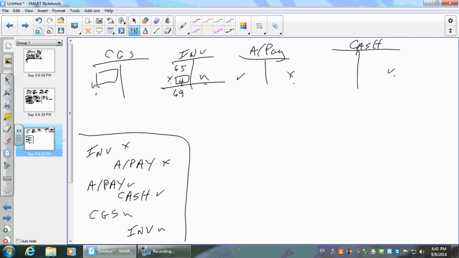What do I know about accounts payable? It starts at 52. It ends up at 50. That's a 2 debit, which means you paid 2 off of the payables, so your cost of goods sold is 2 less. And then what do I know about my cash disbursement for inventory?